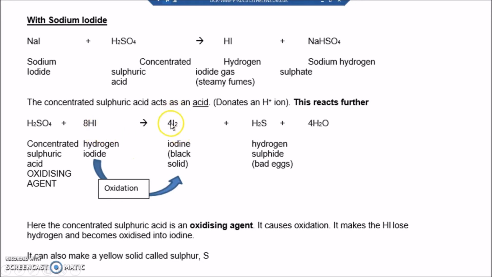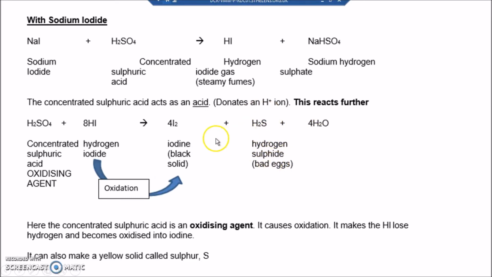On its own there as an element I2, not bonded to any other atoms, oxidation state is 0. -1 up to 0 means it's been oxidized, and it forms I2. Now that's a black solid, and it'll also make hydrogen sulfide, which smells of bad eggs. It's in stink bombs, hydrogen sulfide, and some water.